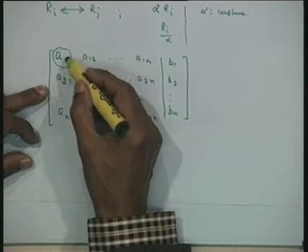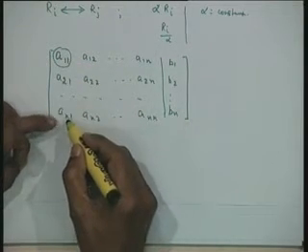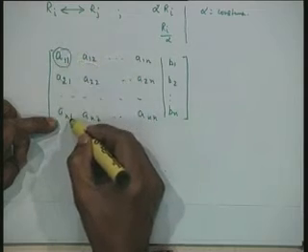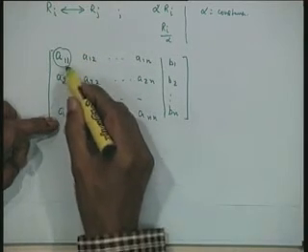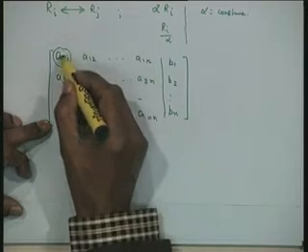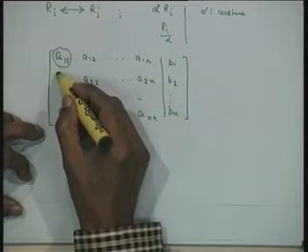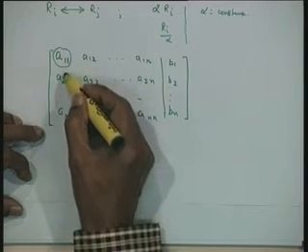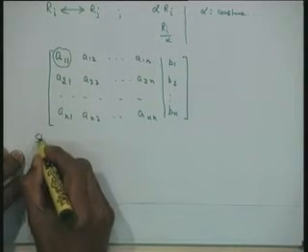Similarly, I can multiply this by A31 by A11, subtract, I get a 0. Lastly, if I multiply this by AN1 divided by A11, subtract, I get a 0. So, in the first step I will use the first element or the first equation and eliminate all the elements in the first column to 0 by using the elementary transformations. So, that is our step 1.